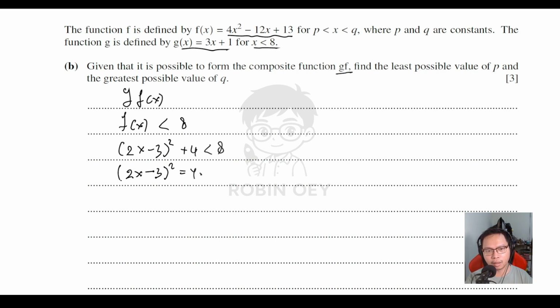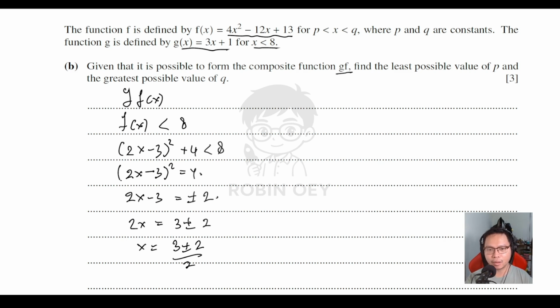I just find the roots, the final portion, first. (2x minus 3) squared equals 4, so 2x equals 3 plus minus 2, and then x would be that divided by 2.